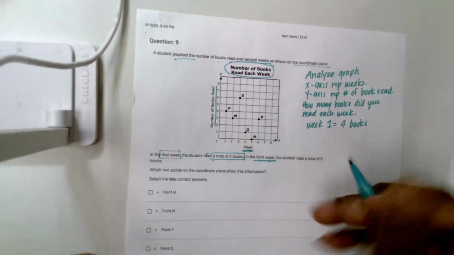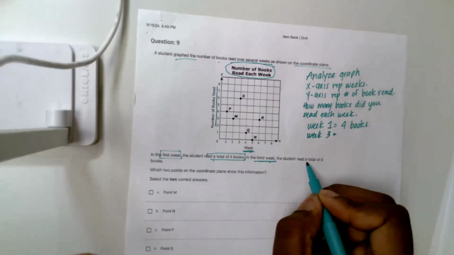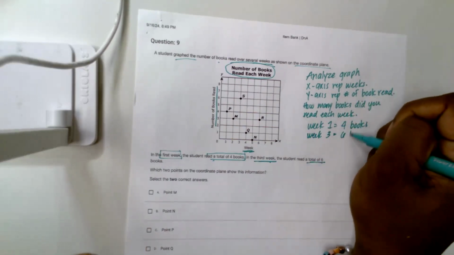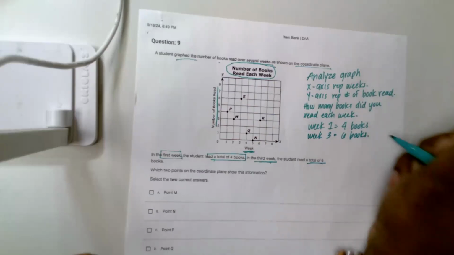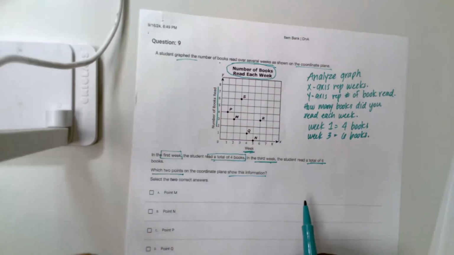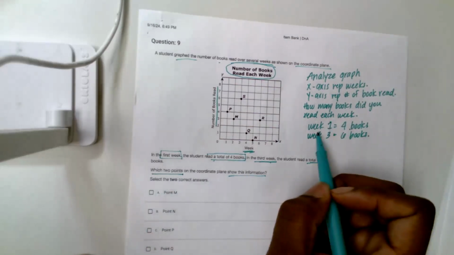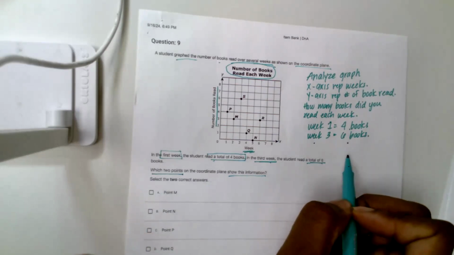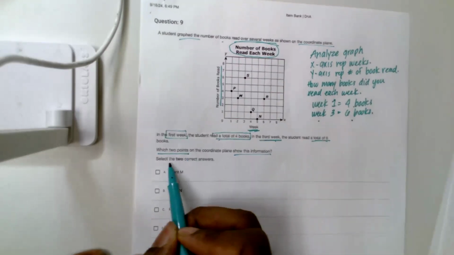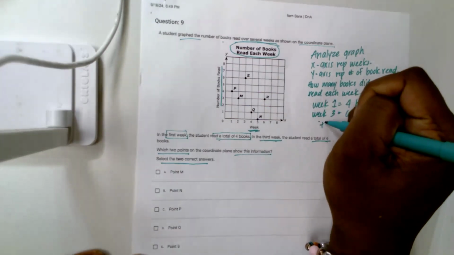In the third week, week 3, the student read 6 books. Okay. So what am I doing? It says which 2 points show this information. So which 2 points show week 1 at 4 books or week 3 at 6 books? So then it says select the 2 correct answers. So I know that there are 2 answers.